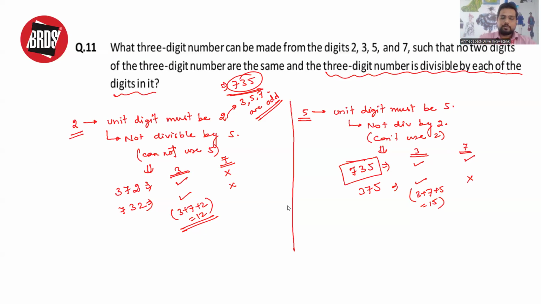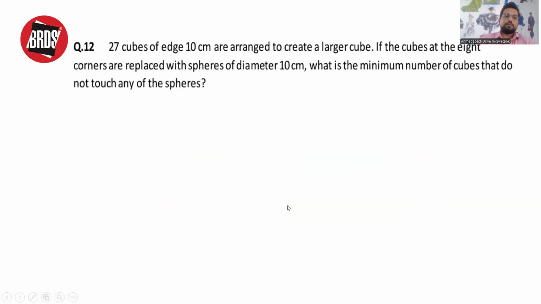Moving ahead to the next question, guys. Question number 12. They have given us 27 cubes, each of edge 10 centimeter, arranged to create a larger cube. If the cubes at the corners are replaced with spheres of diameter 10 centimeter, all eight corners have been replaced.